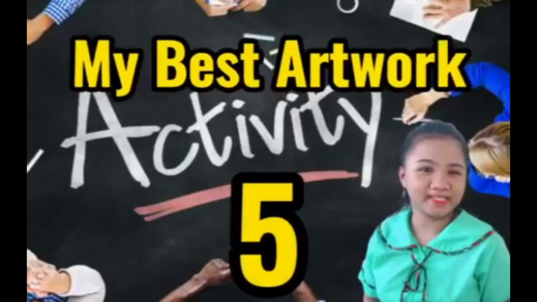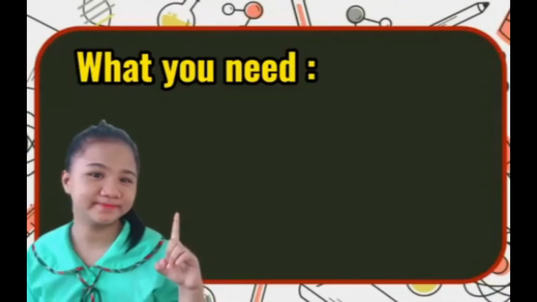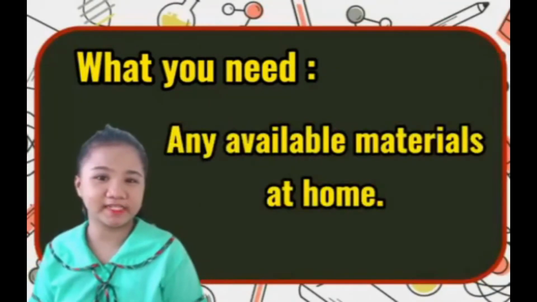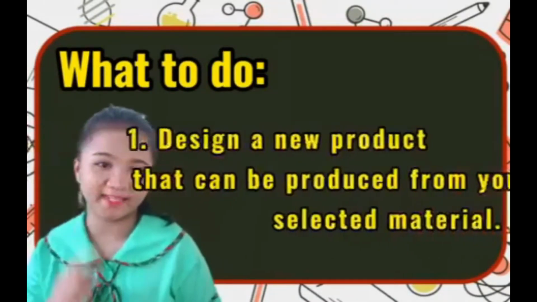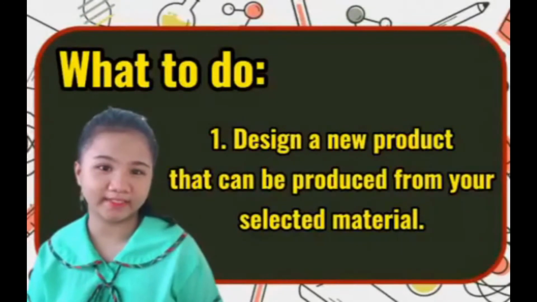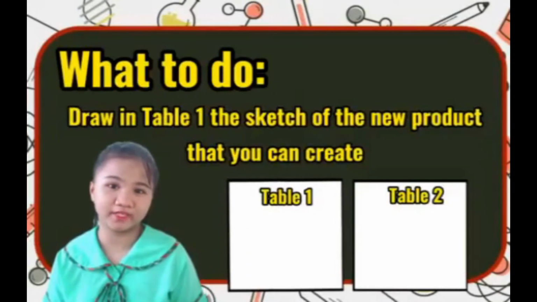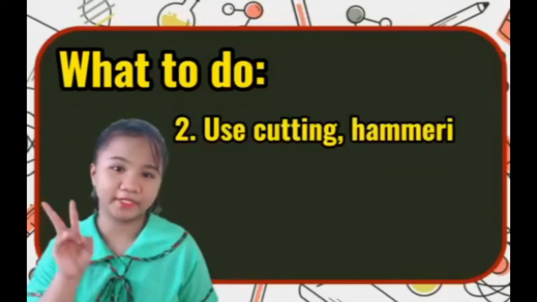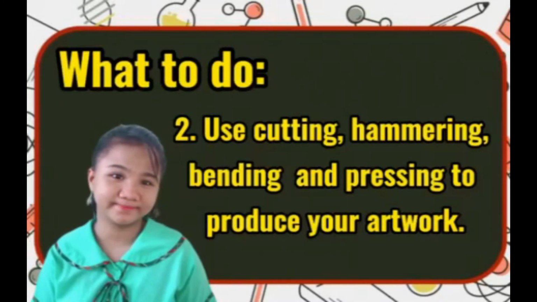Activity 5, my best artwork. What you need: any available materials at home. What to do? Number 1, design a new product that can be produced from your selected material. Draw in table 1 the sketch of the new product that you can create. Number 2, use cutting, hammering, bending, and pressing to produce your artwork.